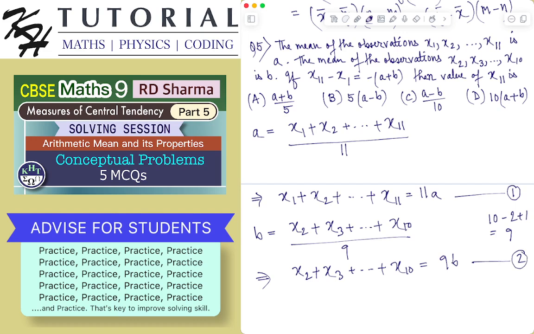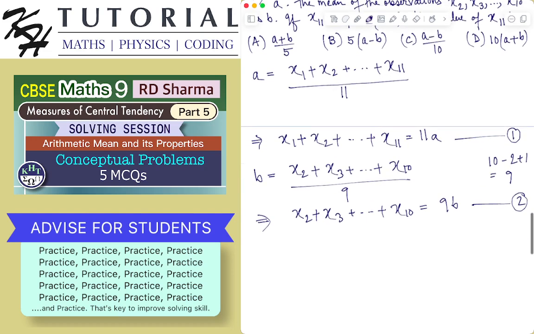Okay. Now we know the sum of x2 plus x3 up to x10. In equation 1, it can be rewritten as x1 plus, I am grouping the observations, the sum of the observations from x2 to x10, and leaving x1 and x11 separately.